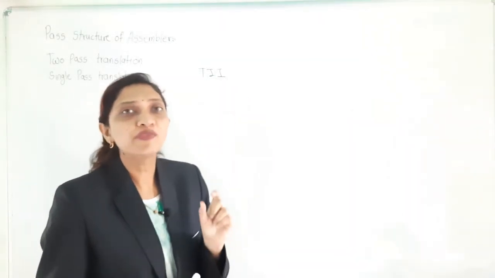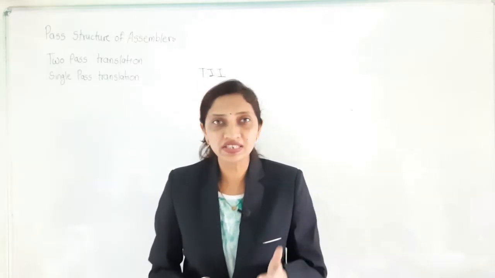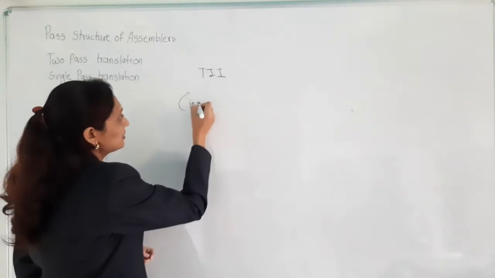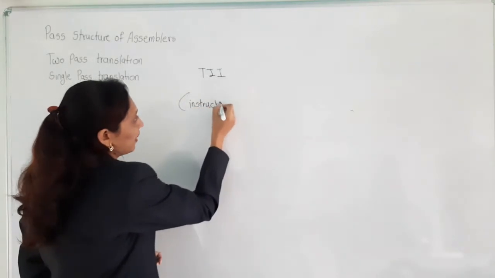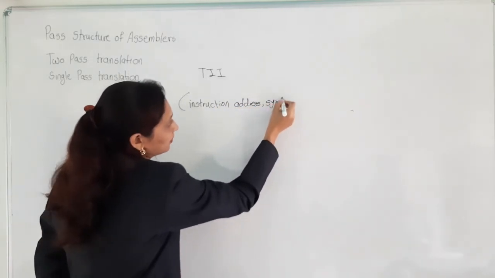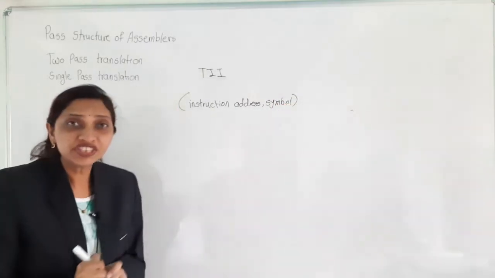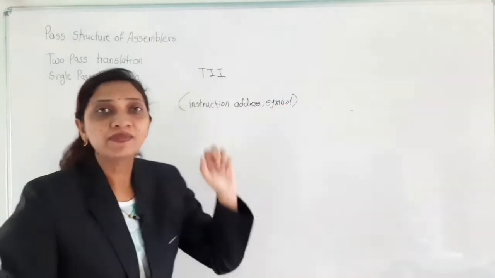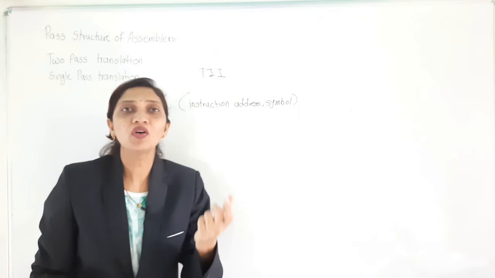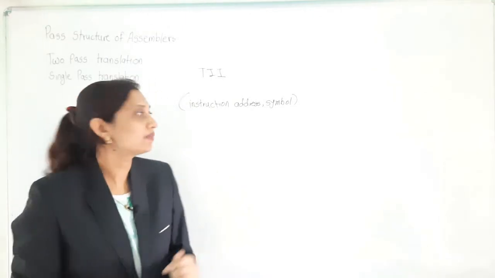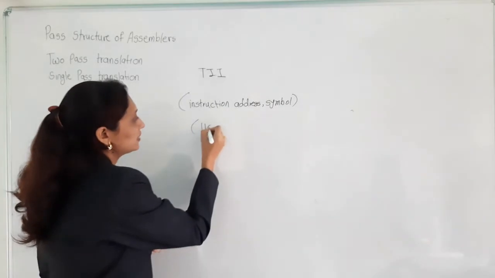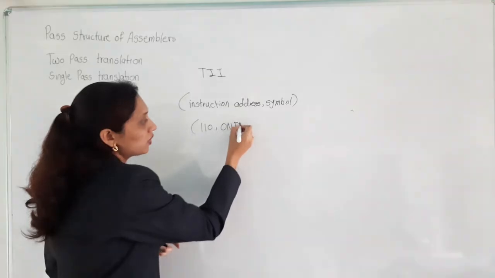When a forward reference occurs during any statement, the assembler makes an entry in TII as instruction address, comma, symbol, meaning at which instruction the forward referencing symbol comes. Suppose at instruction 110 symbol 1 comes, then the instruction address is given as 110 and the symbol is 1.